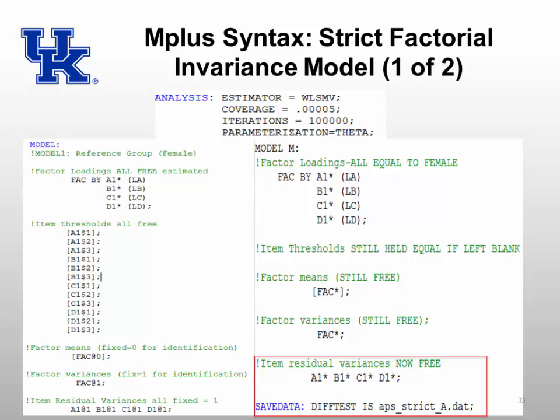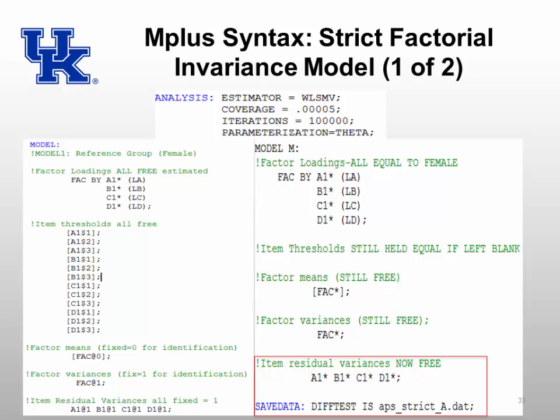Okay, so the last part of this test is to test the strict factorial invariance model. So here we need an extra step to perform this test. If you notice, at the analysis part, we don't put any diff test there because this is like a side step to set up the test for testing item residual variance.